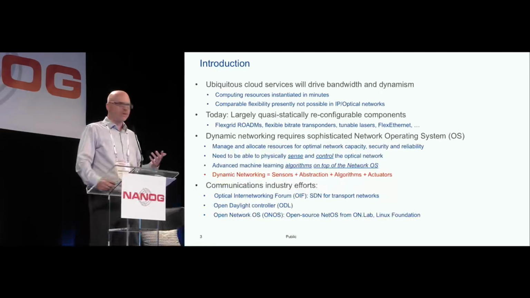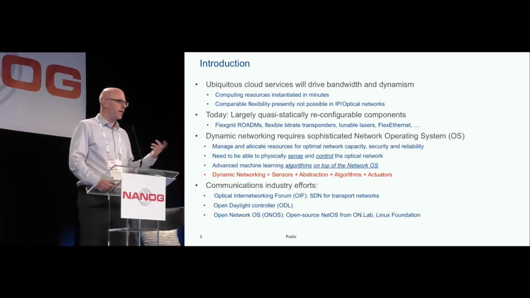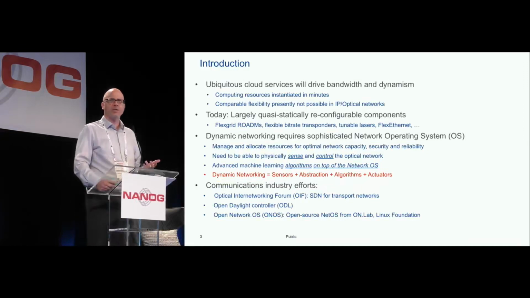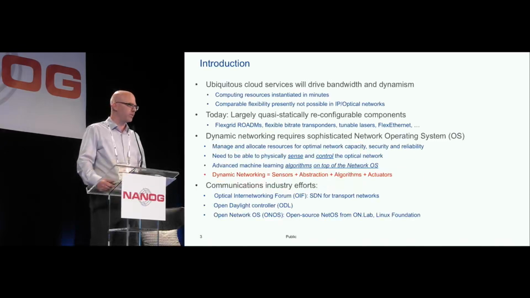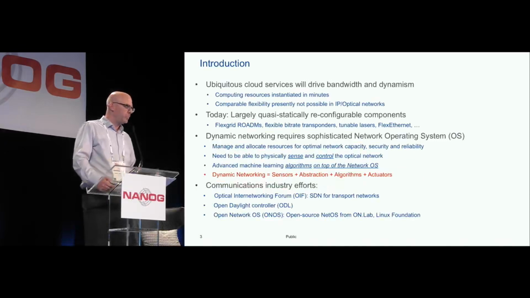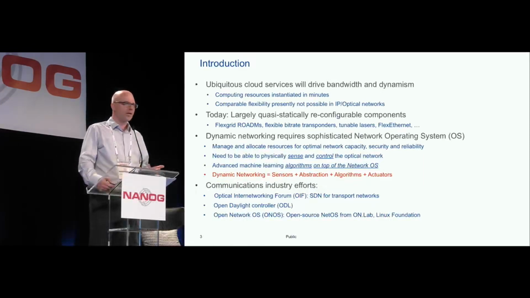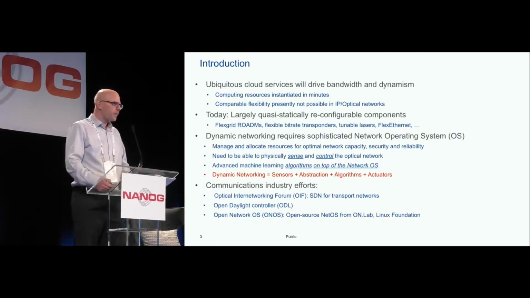So we need to be able to sense the network and control the optical network, and we can run advanced machine learning algorithms on top of the network OS in order to do the functions that we want. My main pitch is that dynamic networking with machine learning requires sensors, abstraction of the network, algorithms, and actuators to actually do something.